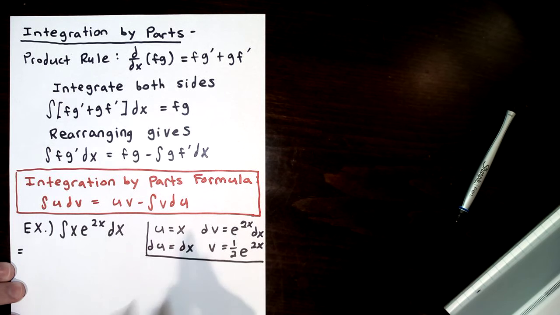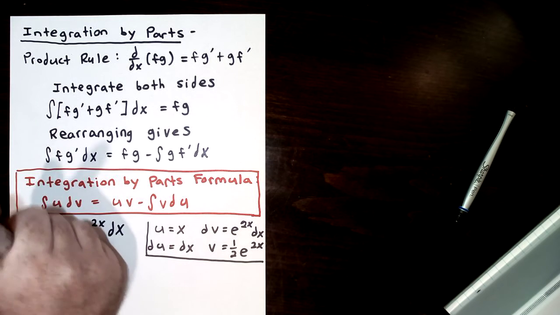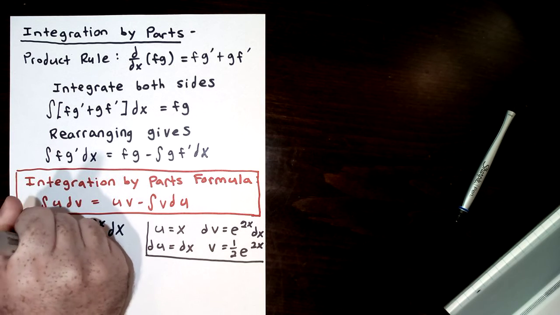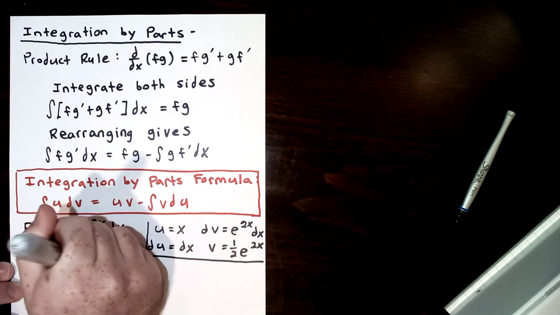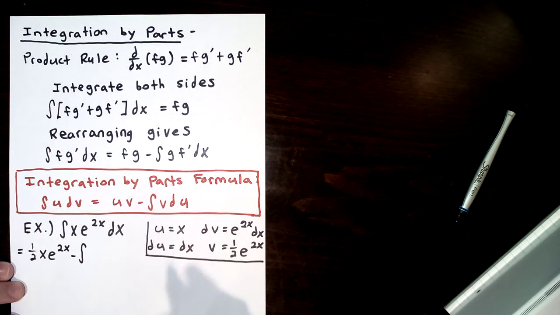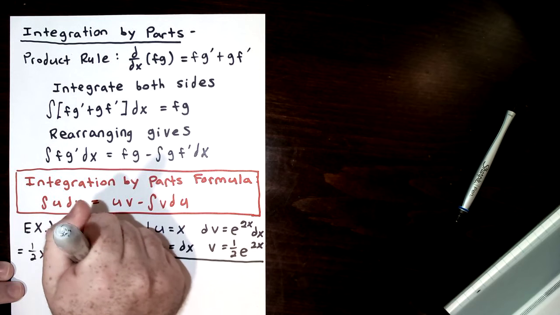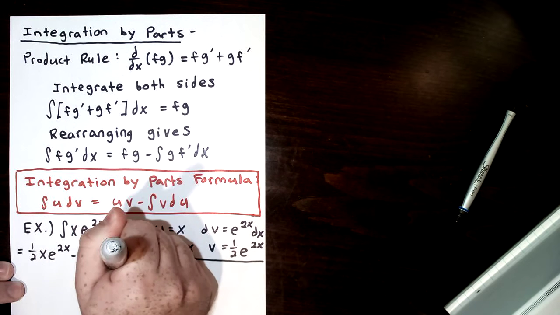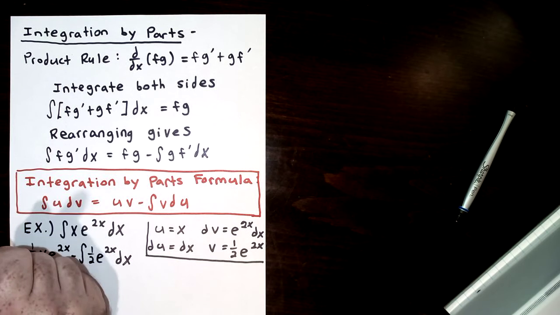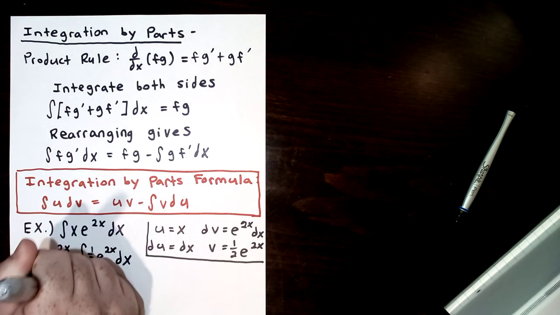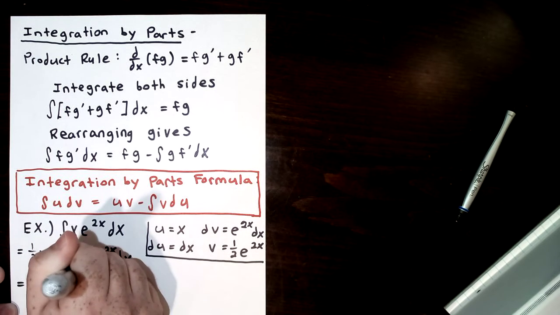So the integral of x e to the 2x is simply going to be equal to uv, so 1 half x e to the 2x, and then it's going to be minus the integral of v du. So simply, well, du is just dx, so it's going to be 1 half e to the 2x dx. And so we'll take that one more line, 1 half x e to the 2x.